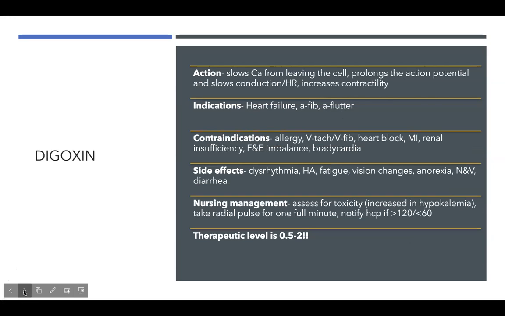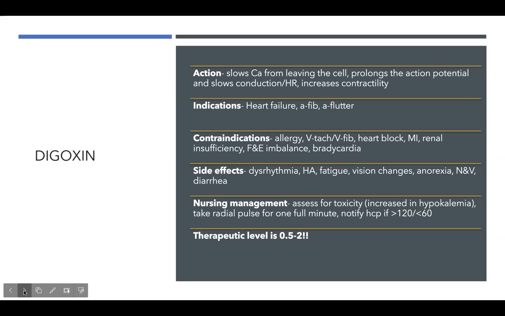When it comes to digoxin, it works by slowing calcium from leaving the cell and prolonging the action potential, slowing the conduction and the heart rate while increasing the contractility of the heart muscle. So indications are for heart failure, AFib, and A-flutter.